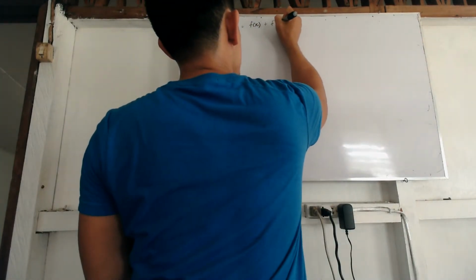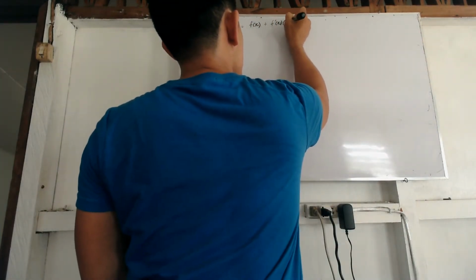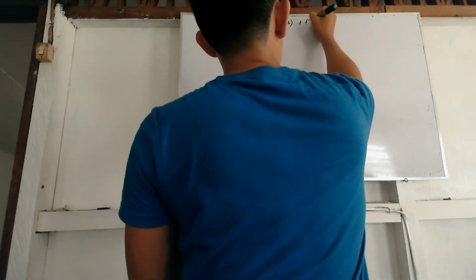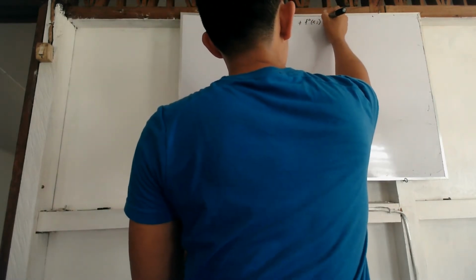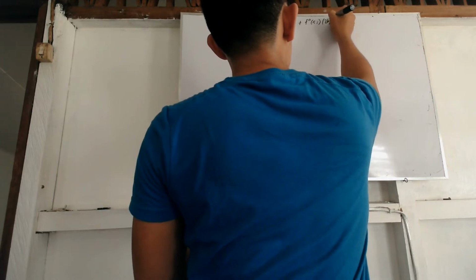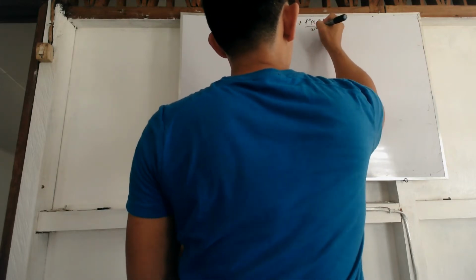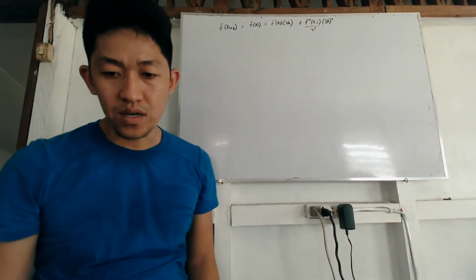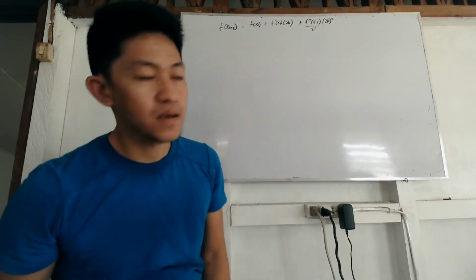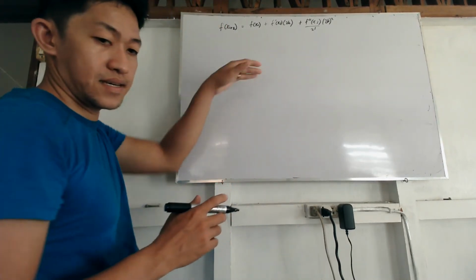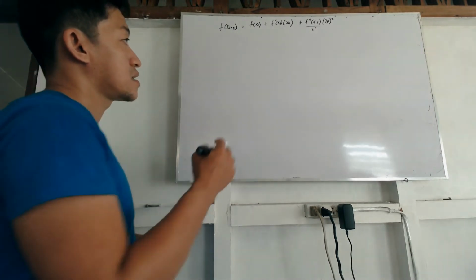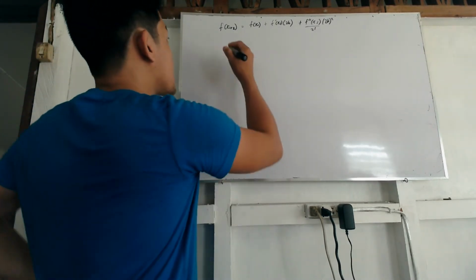f prime x i 2h plus f double prime x i 2h square over 2 factorial. Okay, and then we'll use the forward difference.